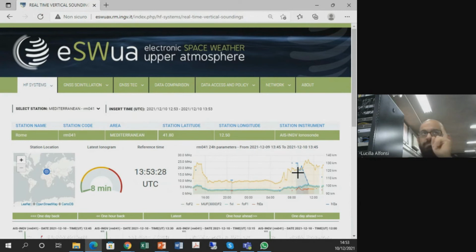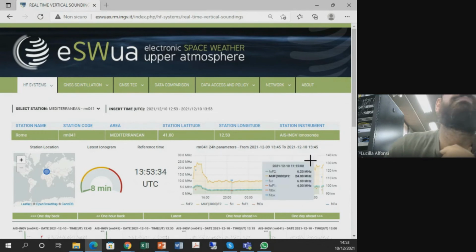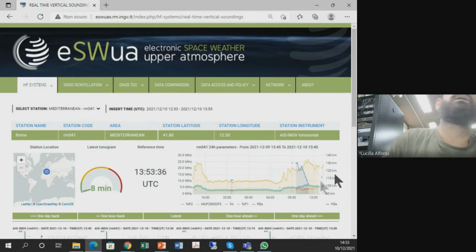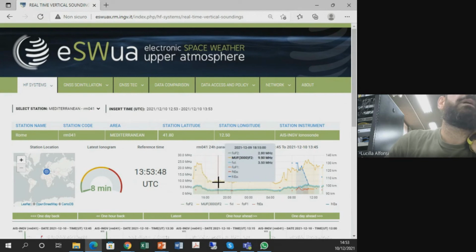So here you have a very quick look at the main parameters retrieved from the last ionograms recorded in Rome. So all the critical frequencies retrieved from the ionograms as a function of time.